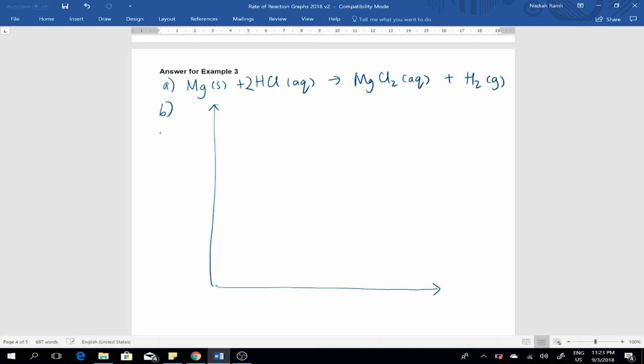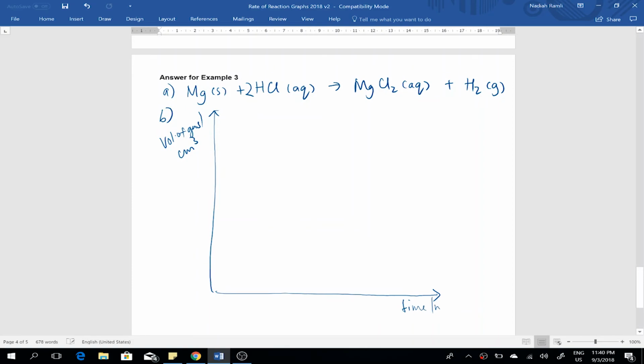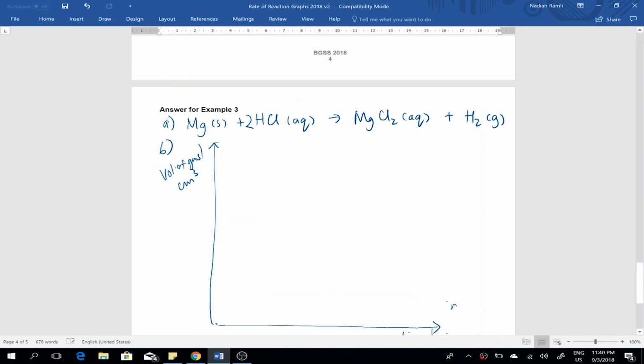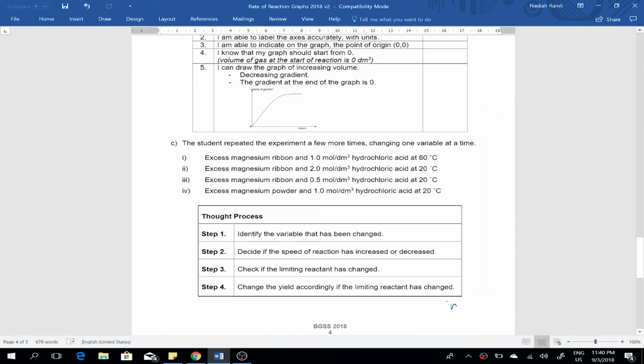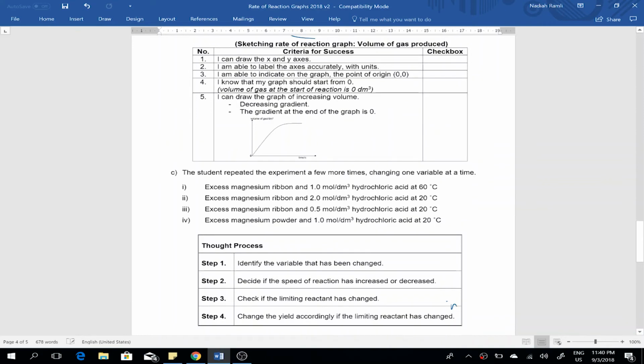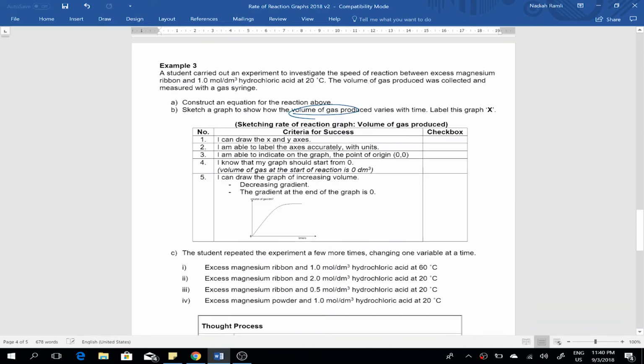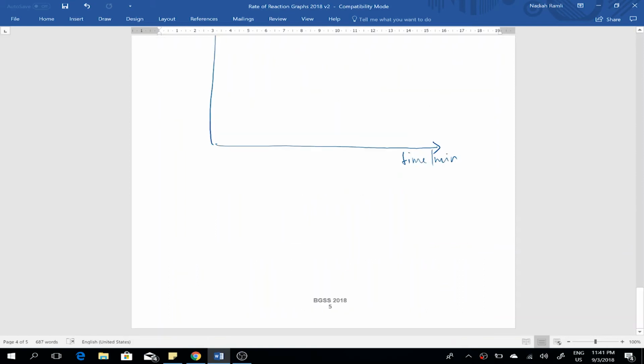Okay, so volume of gas, cm cubed, per minute here. Next I indicate on the graph the point of origin. Okay, so I put 0 here.